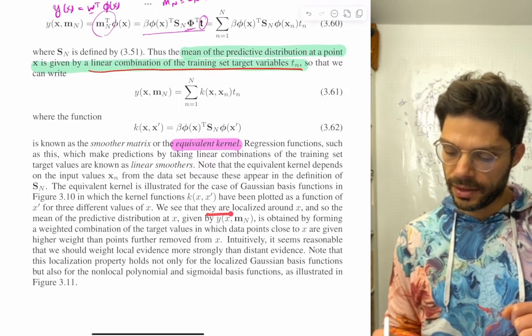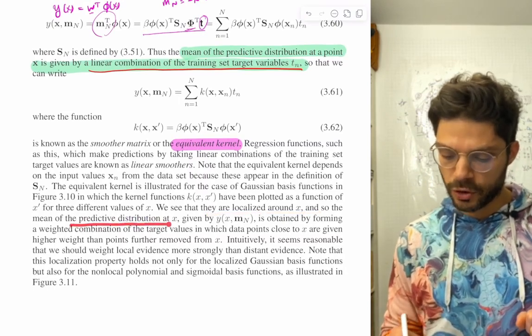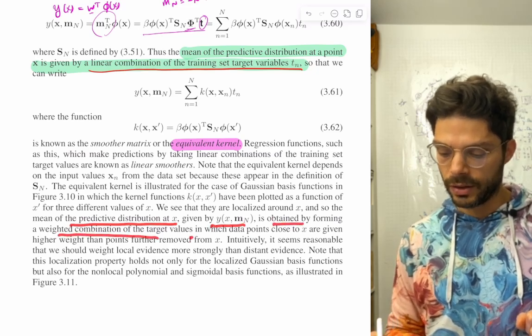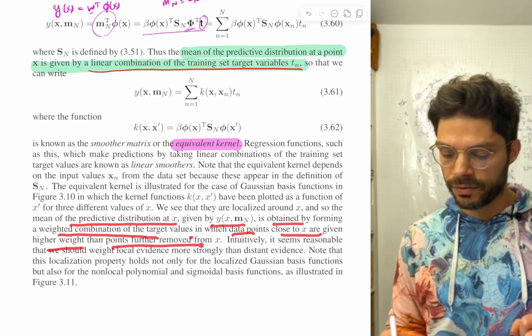Okay, so we see that they are localized around x. That's what it's saying about the kernel. And so the mean of the predicted distribution at x is obtained by forming a weighted combination of the target values in which data points close to x are given a higher weight than points farther removed from x.